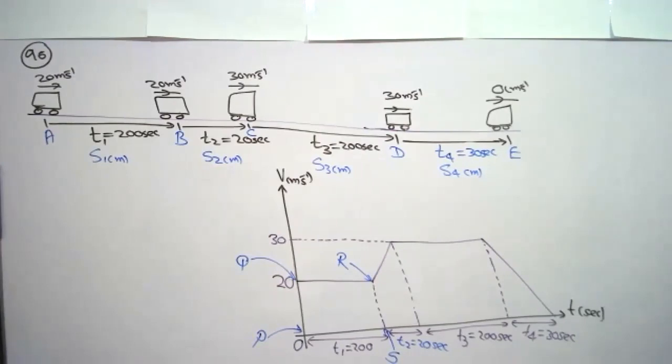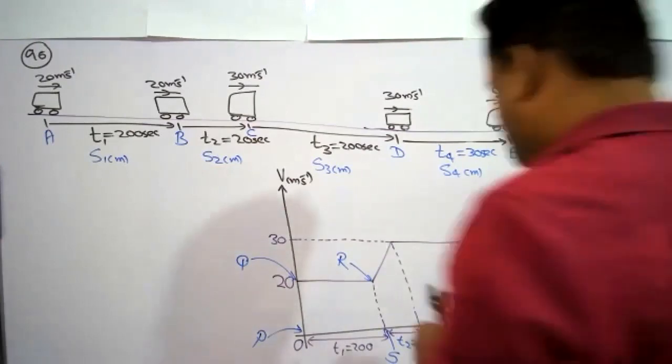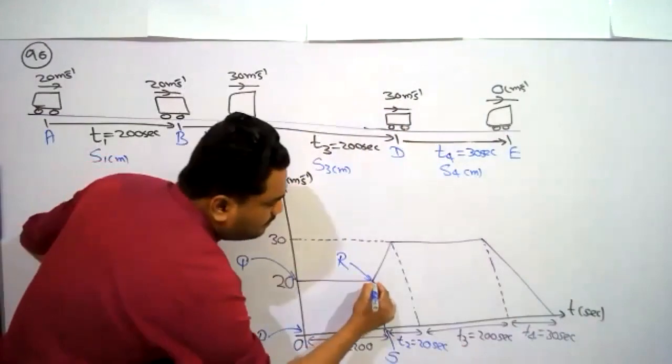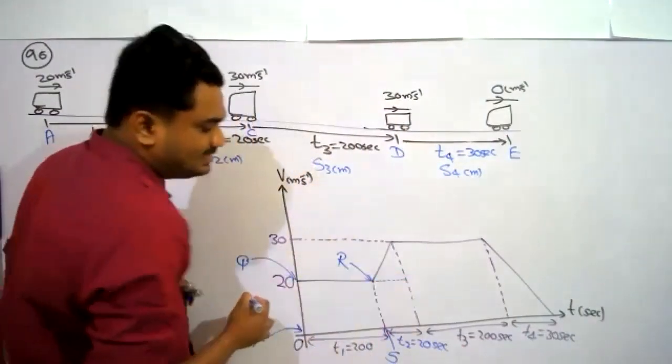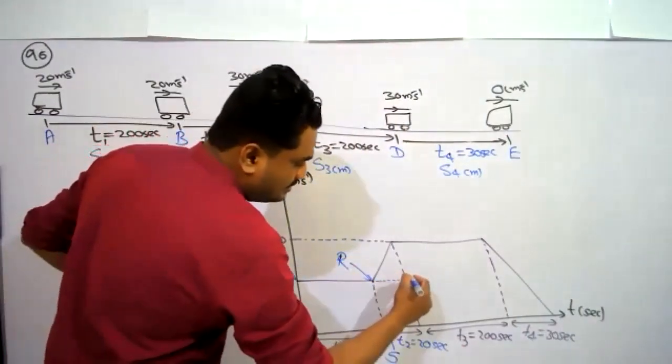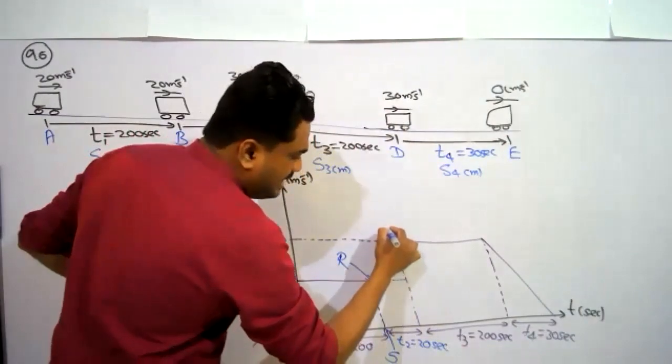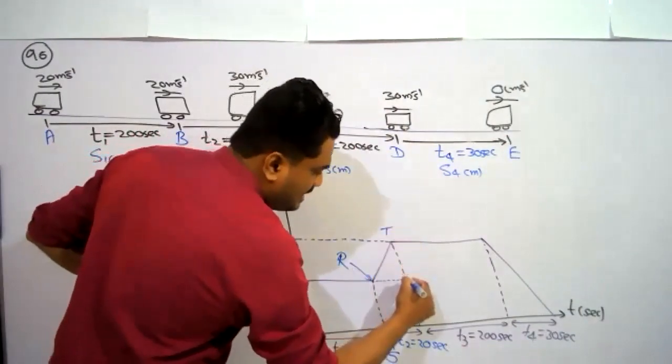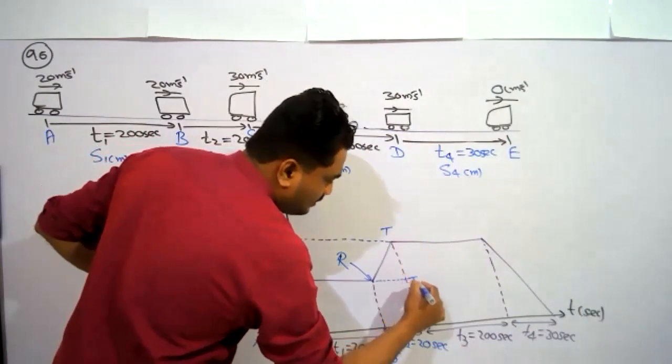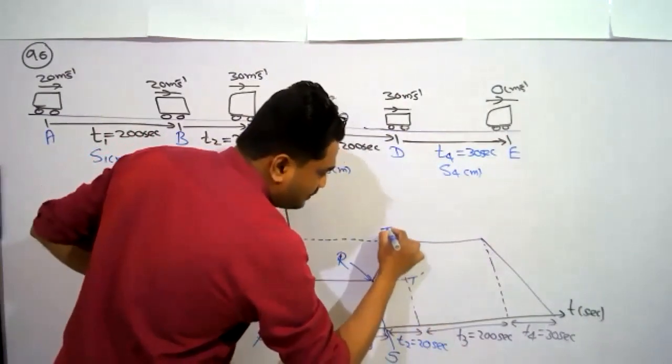Okay. So I want P, Q, R, S. Then I need some other letters also. Let me mark this point as R. This is T and T dash.